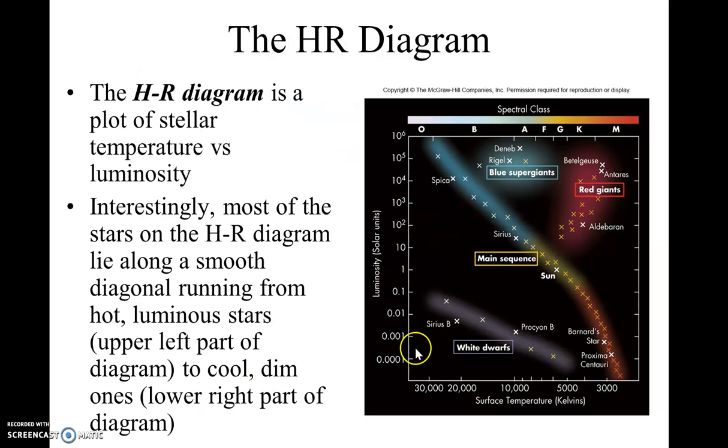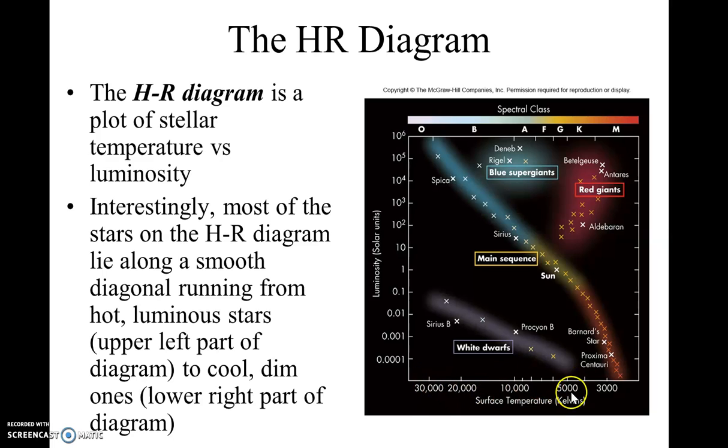And there it is. So this is really important to understand. The vertical axis of the HR diagram is luminosity, and it's absolute luminosity. Just a reminder: absolute luminosity is the luminosity something would appear to have if it were 10 parsecs away, or 32.6 light years away.